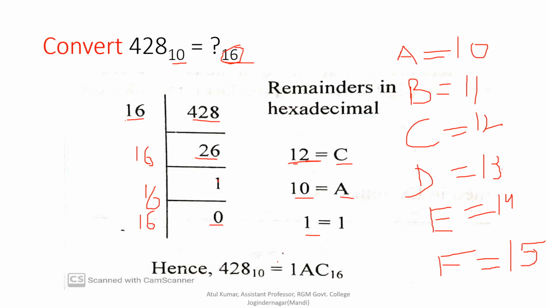So again with the same procedure we start from downward, 1, we write here 1 as such, then we go upward, then again we write A as second number and C as third number, and this one is the equivalent hexadecimal number to the number 428.